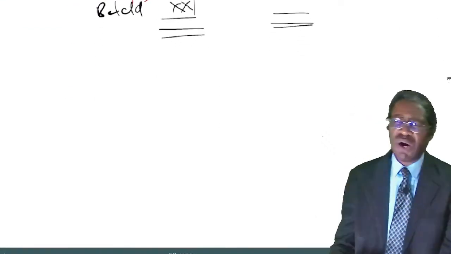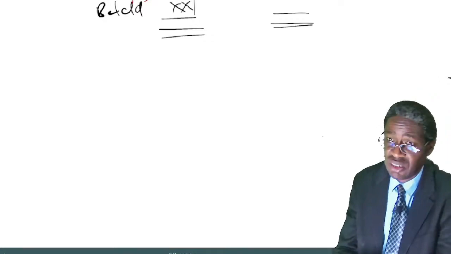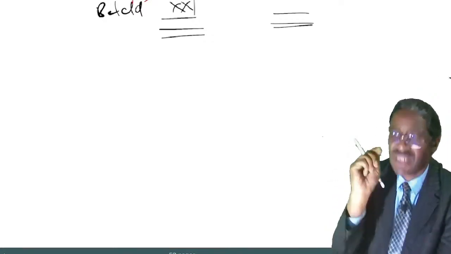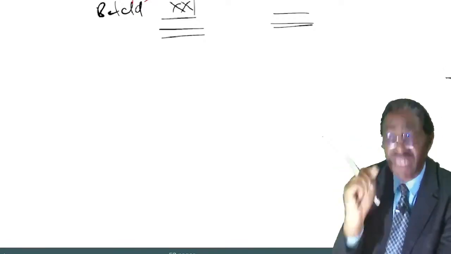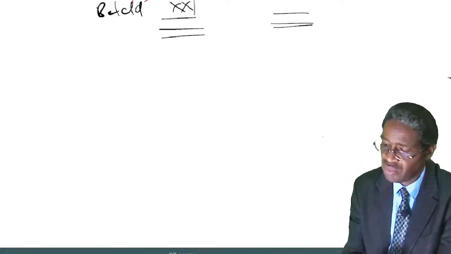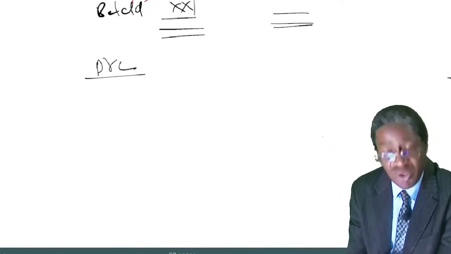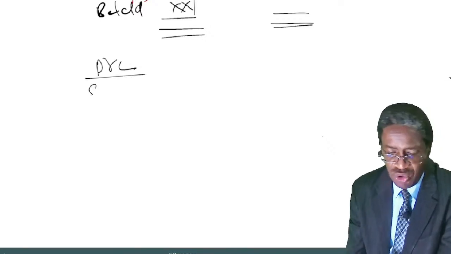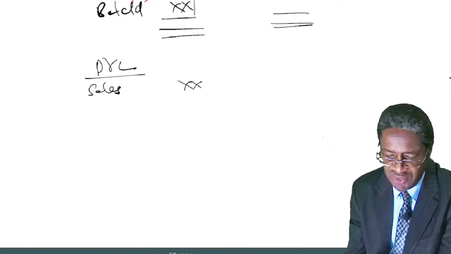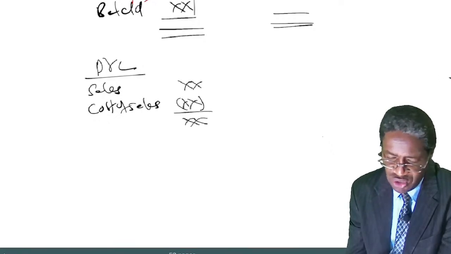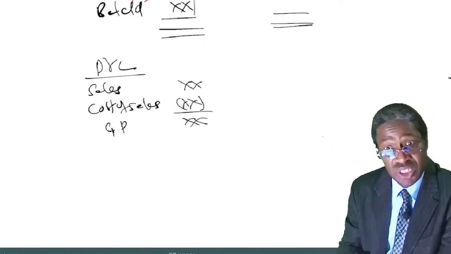Before I talk about how to determine it, listen. In a question on cash flow, the examiner will always give you an income statement. Let me assume this is how it will appear. You will be given the figure for sales, the figure for cost of sales, and you will get your GP. Don't write.